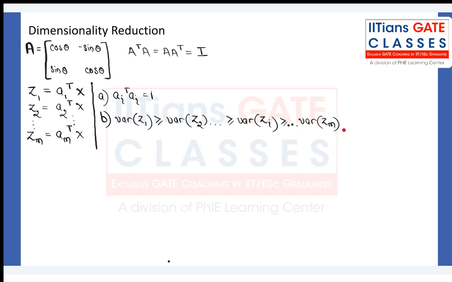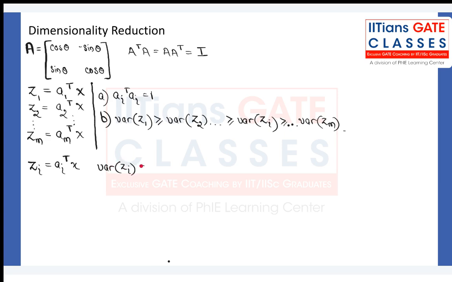Okay. Now I'll throw a lot of statistics at you. Let's just take one of the Zi, which is equal to AI transpose X. Now, what is the variance of Zi?